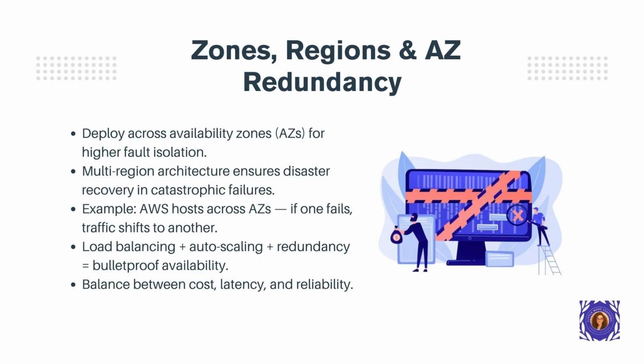To build truly resilient systems, redundancy must extend beyond individual machines to geographical distribution. Availability zones, or AZs: cloud providers like AWS, Azure, and GCP divide their regions into multiple, isolated availability zones.